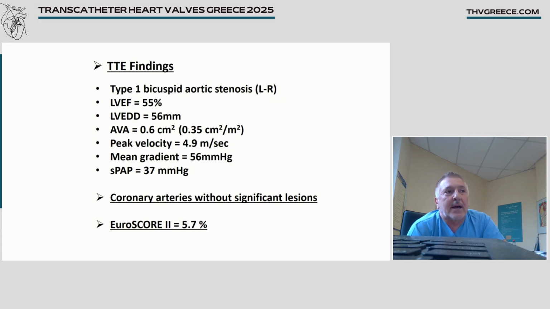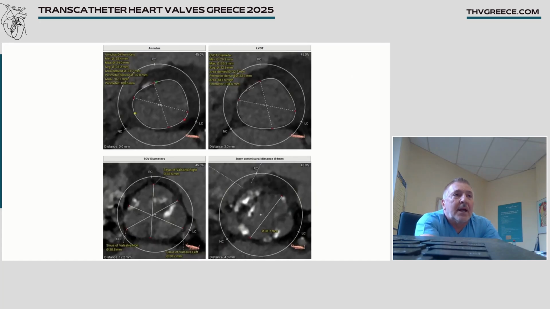The aortic valve area was 0.6 square centimeters, and corrected to the surface of his body was 0.35. The peak velocity was 4.9 meters per second, and he had a mean gradient of 56 millimeters. Systolic pulmonary artery pressure was 35. The coronary arteries had no significant lesions, and his Euroscore 2 was 5.7.